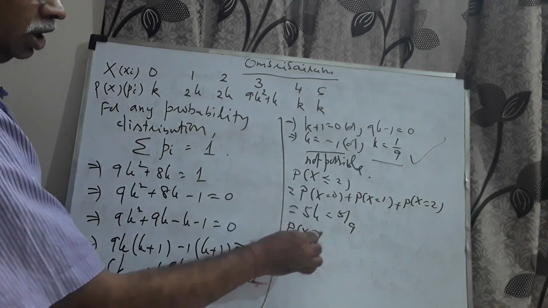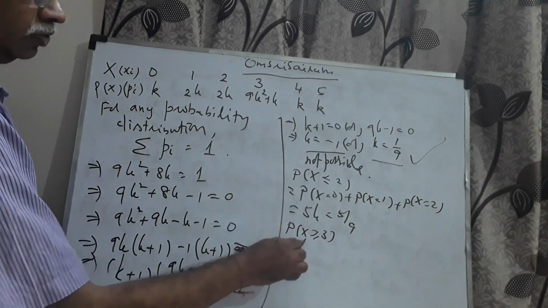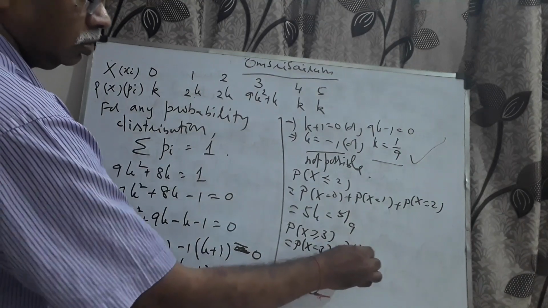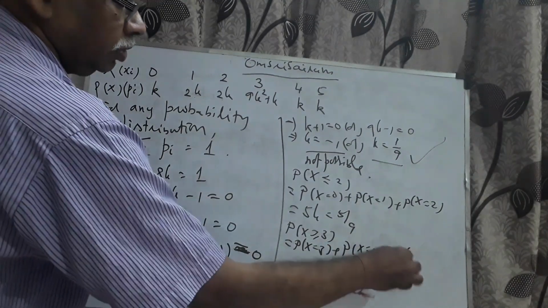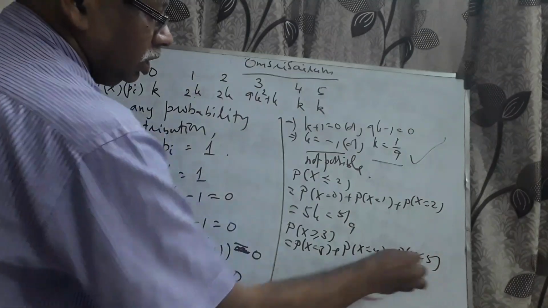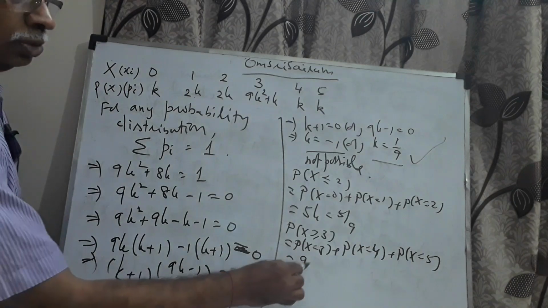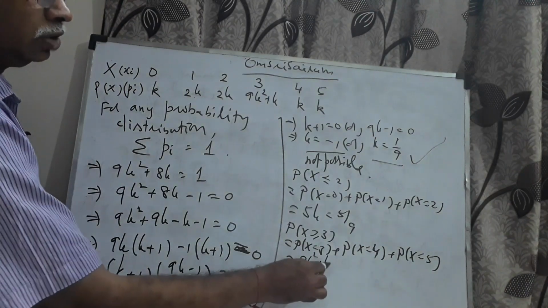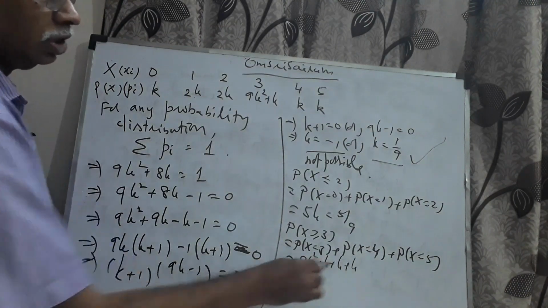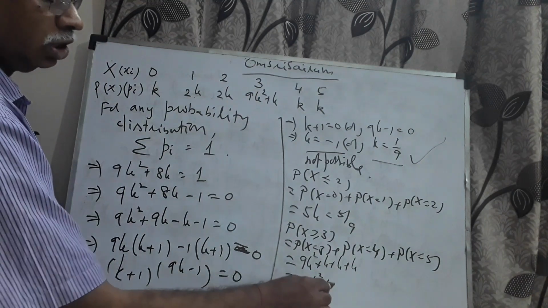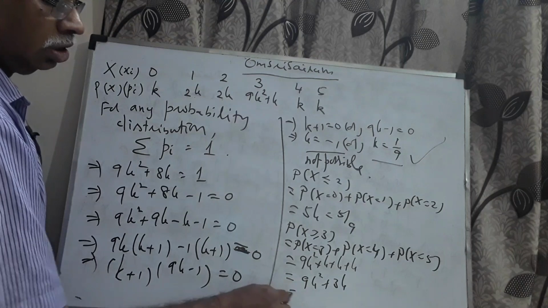Similarly, p of x greater than or equal to 3. I mean to say p of x equal to 3 plus p of x equal to 4 plus p of x equal to 5. That is the meaning. Here it is supposed to be 9k square plus k plus k plus k. Therefore, this is reduced to 9k square plus 3k.